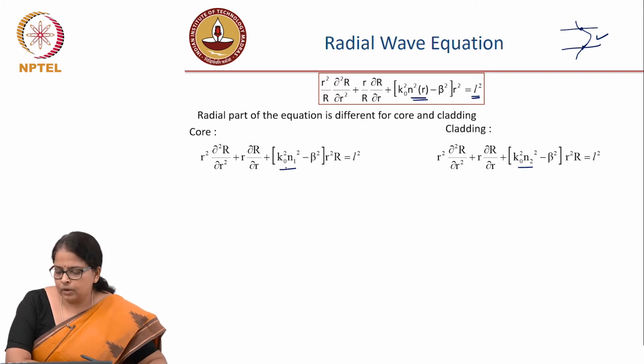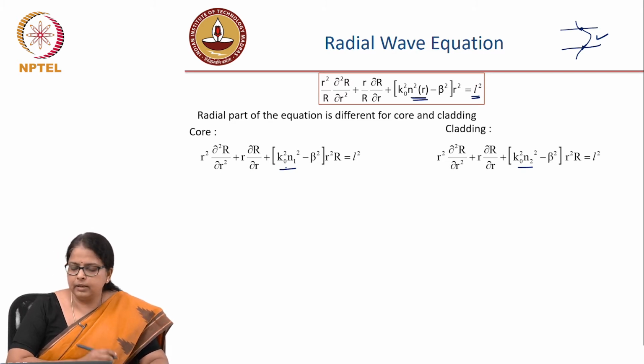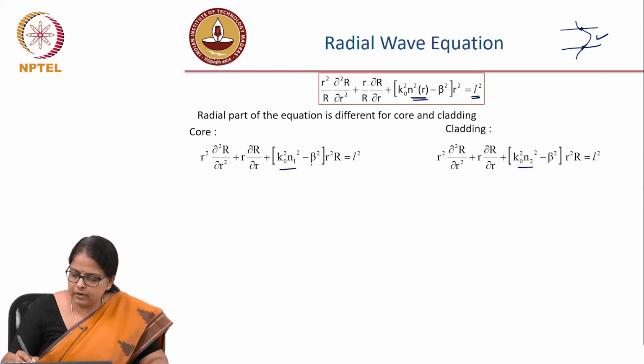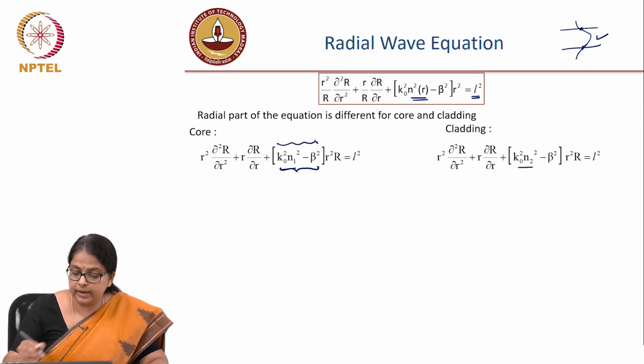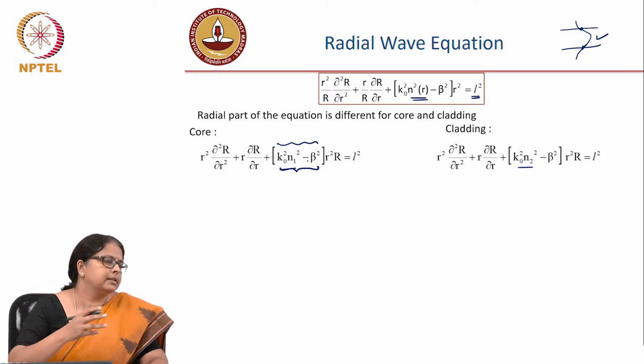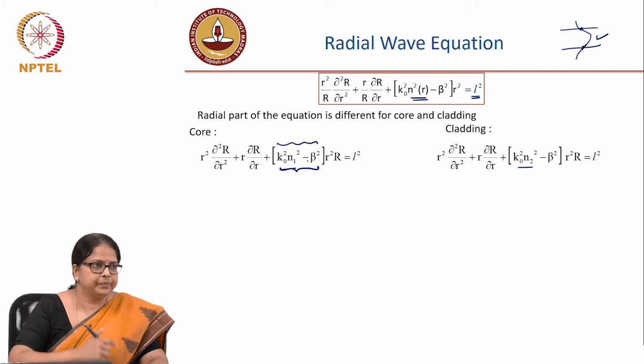Okay. Now, there are two possibilities here. Whether the solution is oscillatory or decaying is decided by the magnitude of this k naught square n square minus beta square. Without really deriving this, I am telling you that if this number, k naught square n1 square minus beta square, is positive, then the result is a nice oscillatory solution.